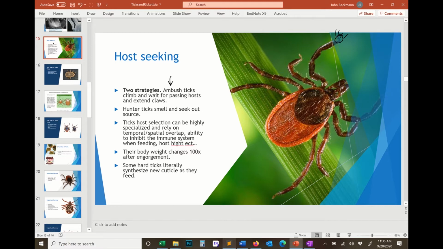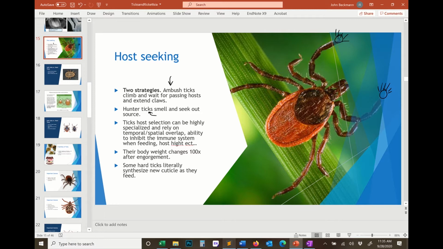So it gets brushed. And then there are hunter ticks, which actively smell for stuff in their area, and then they will crawl to find that host, and they will crawl on you. So there are different strategies that they use to find their host.